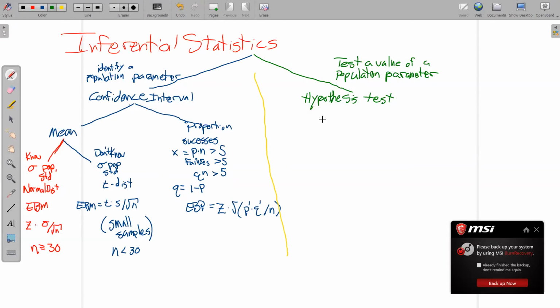In a hypothesis test, it's either a hypothesis test for a mean or a hypothesis test for a proportion. And then kind of like the confidence interval, either we know sigma or we don't know sigma.